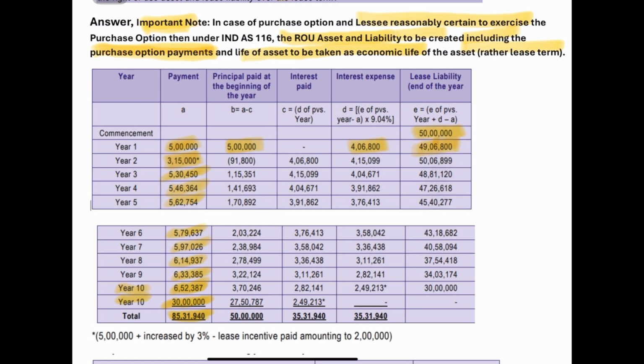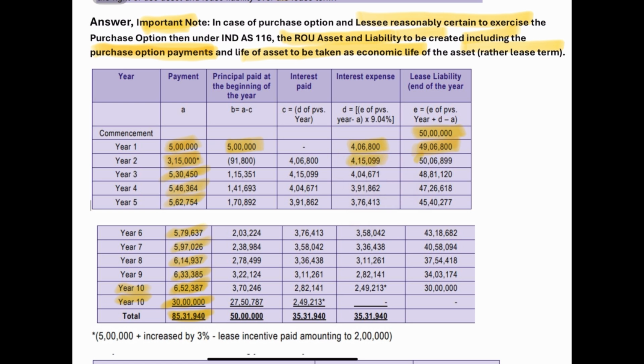Okay, and this 49,06,800 will be the opening balance for year 2, and year 2 interest on 49,06,800, if you apply 9.04%, you will get 4,15,099.